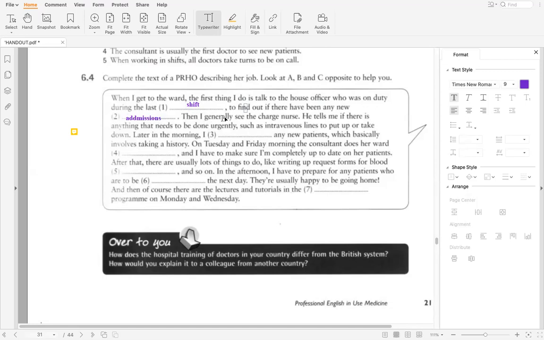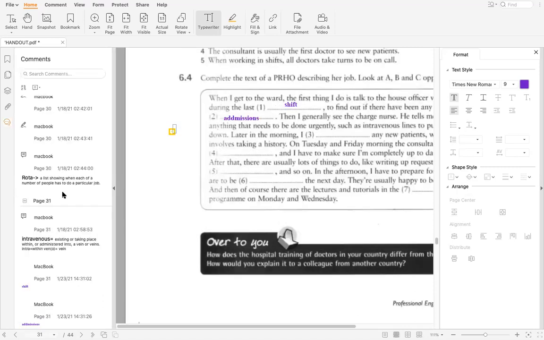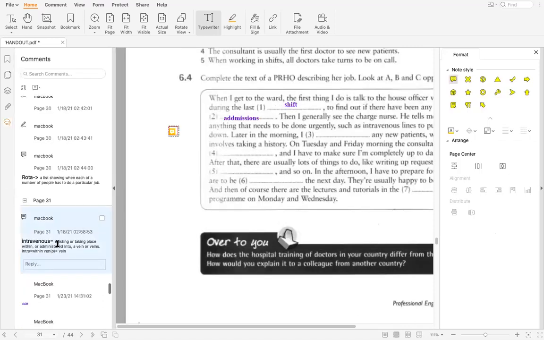All right. Then I generally see the charge nurse. He tells me if there is anything that needs to be done urgently, such as intravenous lines. What is the meaning of intravenous? We said that intra means within.